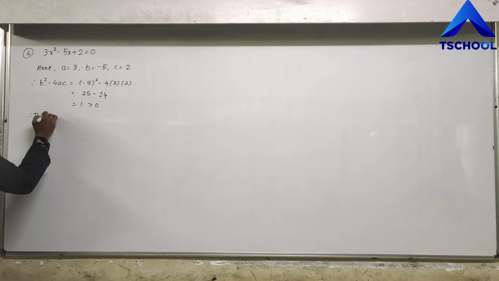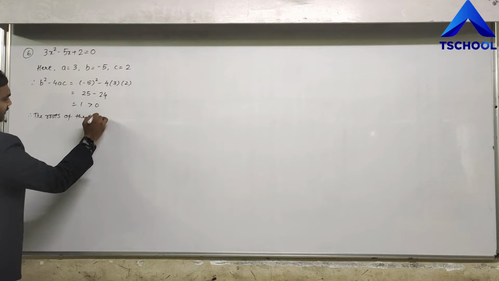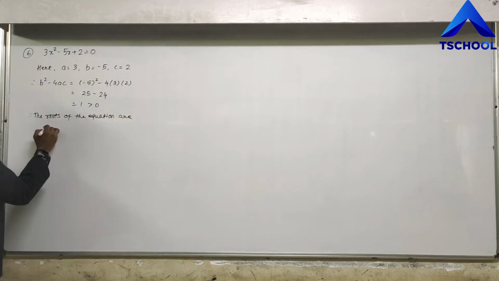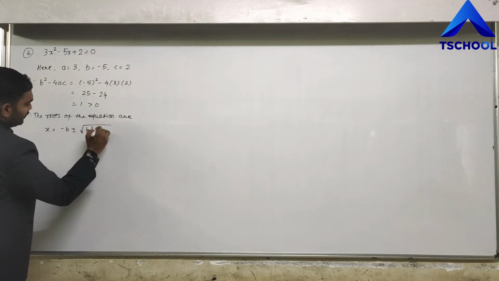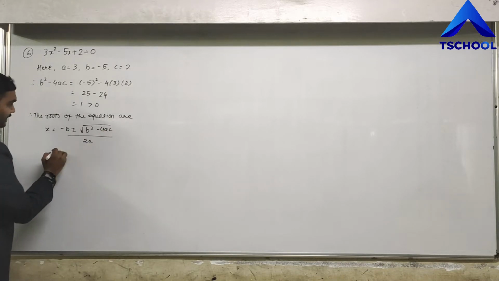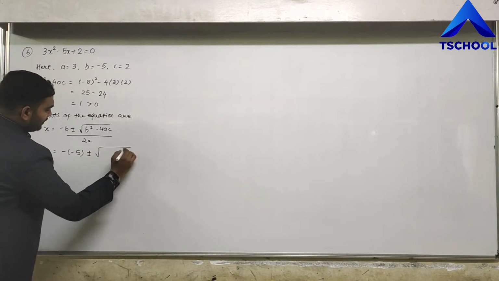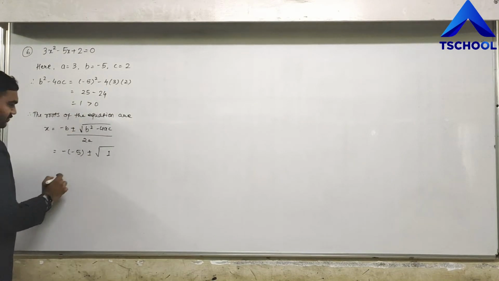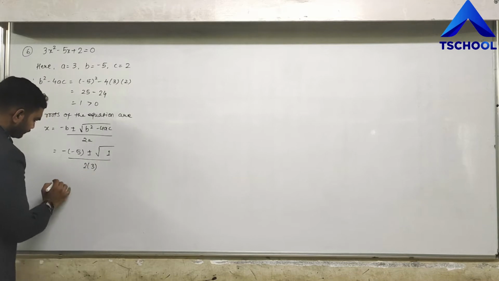Therefore the roots of the equation are x equals minus b plus or minus root b square minus 4ac upon 2a, that is equals to minus of minus 5 plus or minus square root of 1, because b square minus 4ac is equals to 1, upon 2 into 3, right?